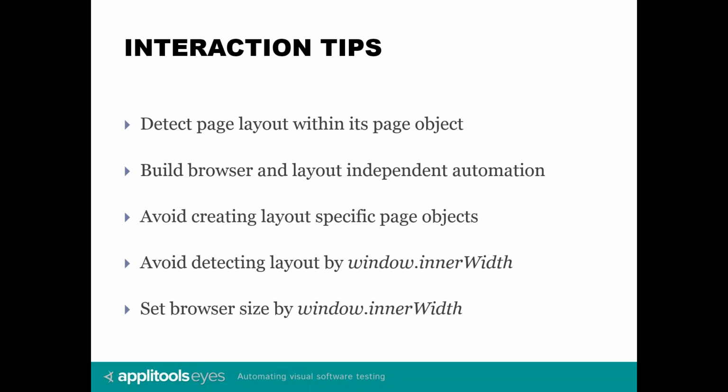Although your application relies on this property to switch layout modes, and you can easily access it in your test code, if you rely on this property to detect the current layout, then your test will break whenever a developer changes the layout transition rules. So the preferred way is to detect the current layout by examining the state of the page elements, just like we did before.